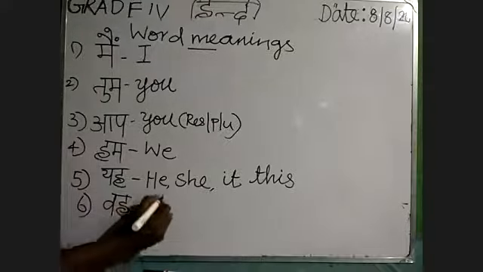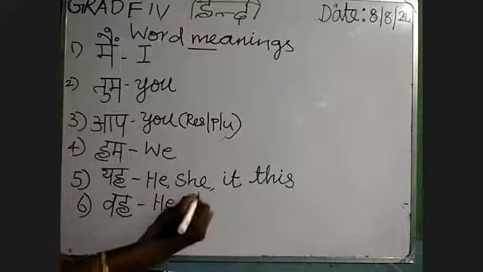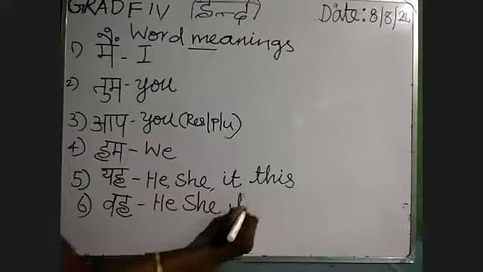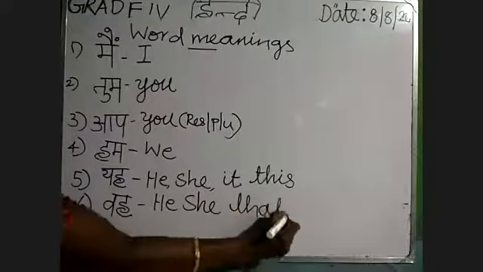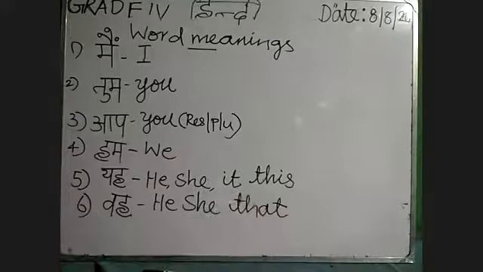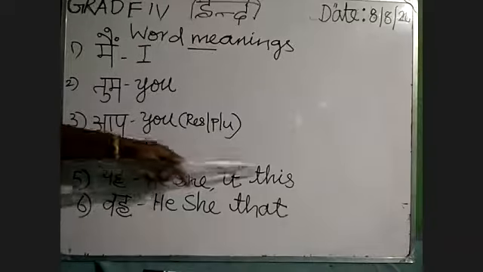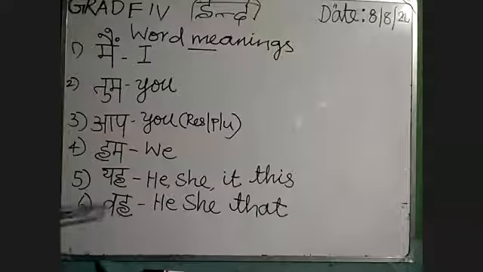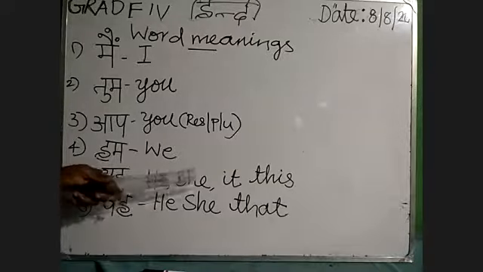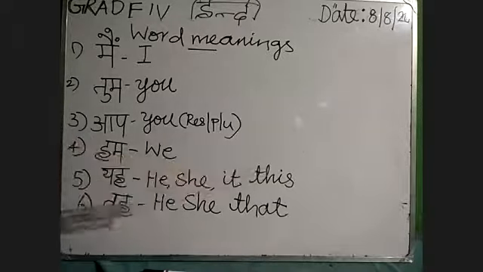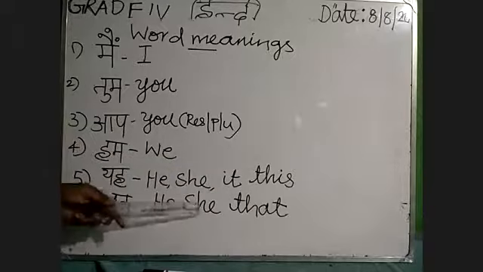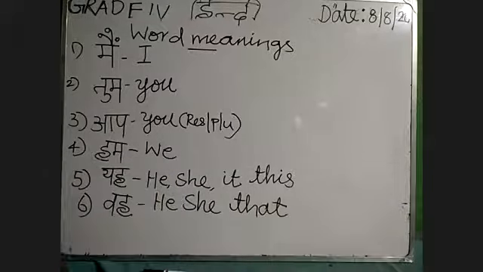Vah means he, she, that. Yah comes for masculine, feminine and non-living things. In Tamil, yah means ivan, ival, idu, inda. Vah means avan, aval, adu, anda. So yah and vah come only for singular.